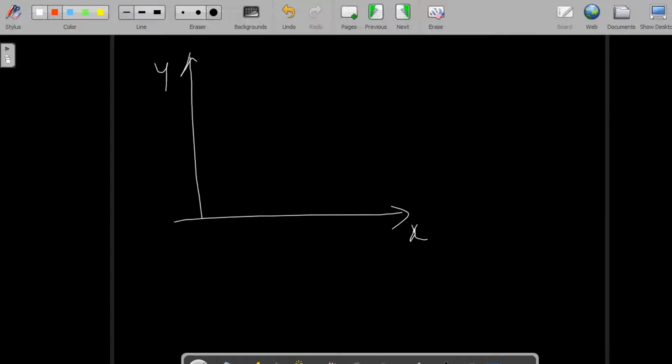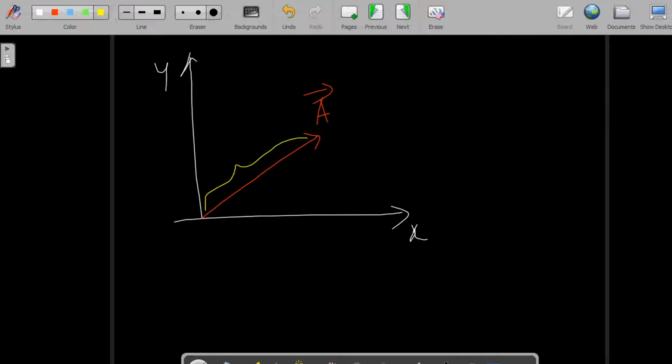Now let me keep the starting point of the vector at the origin, and the end point is somewhere here. So this is my A vector. I need to find the magnitude of this A vector, which is nothing but the distance from here to here.